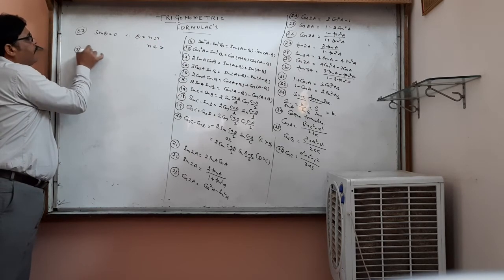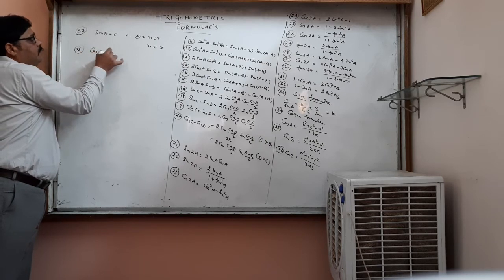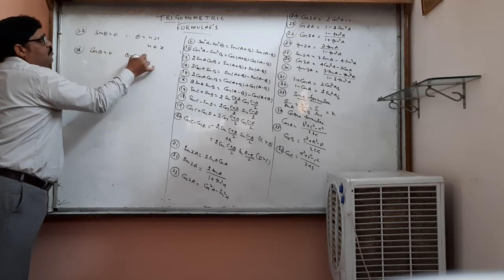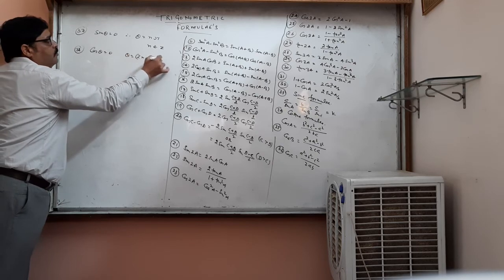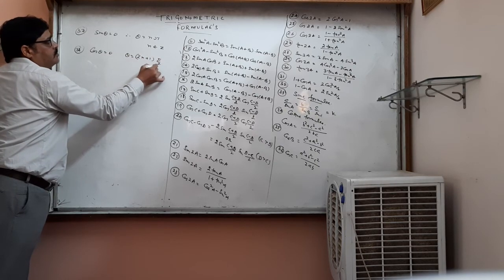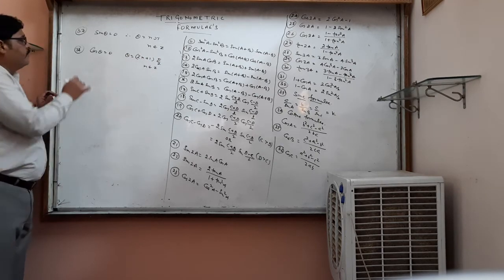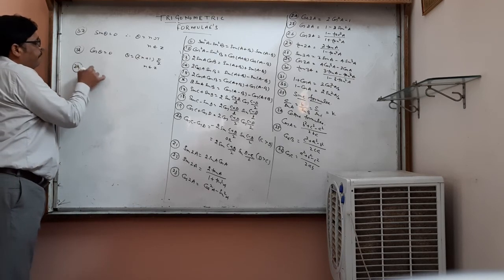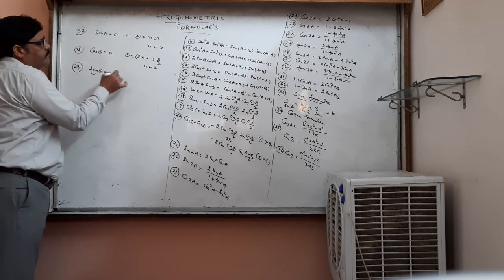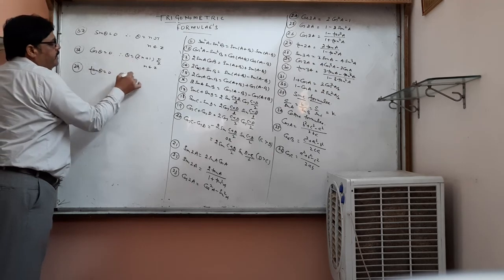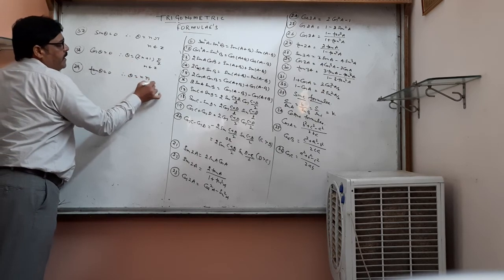Next one, cos theta is 0, theta is equal to 2n plus 1 into pi by 2, n belongs to integer. Next is tangent theta is 0, then theta is equal to n pi, n belongs to integer.